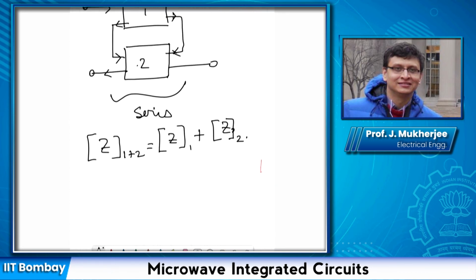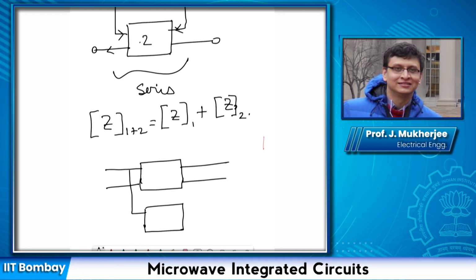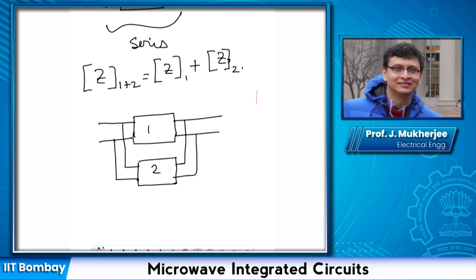Similarly, if we consider two networks in shunt, how can we have two networks in shunt? If we connect them like this, here network 1 and network 2 both have the same input and output voltages, and so they are said to be in shunt.